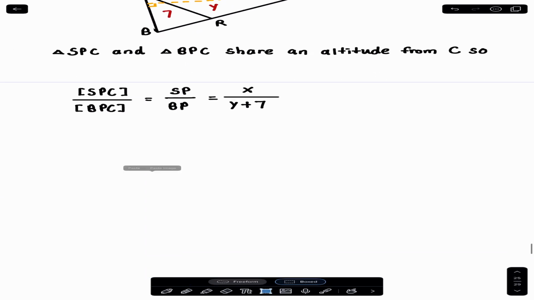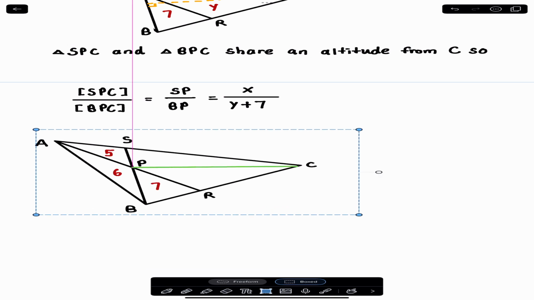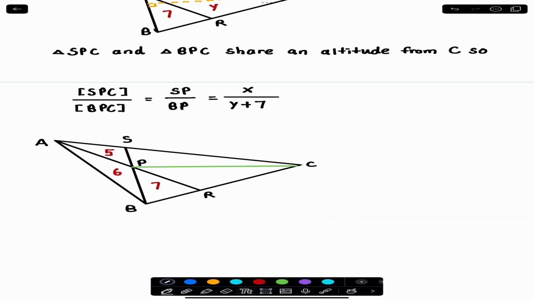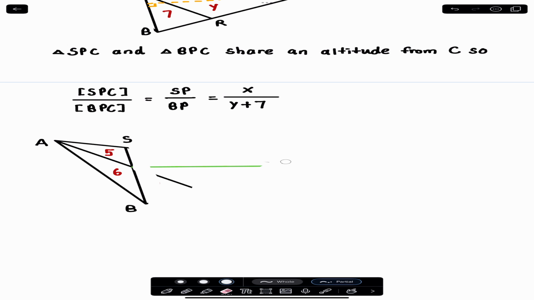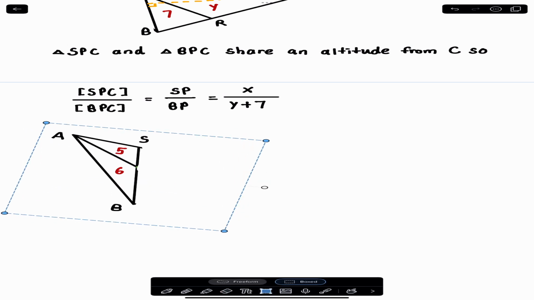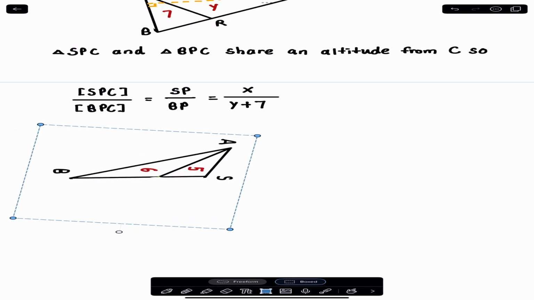Let's see. We also have more triangles that share altitudes with each other. So this time we're going to focus on this side of the diagram. And why not? Since it's the last one, I'm going to stop being so lazy and tilt it for you.